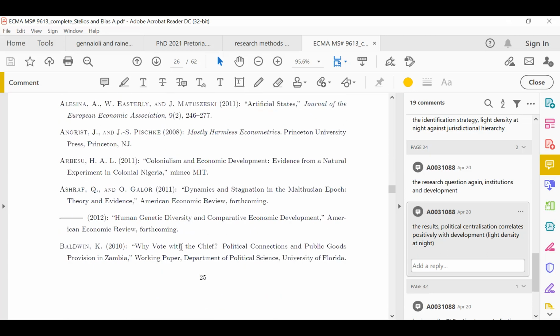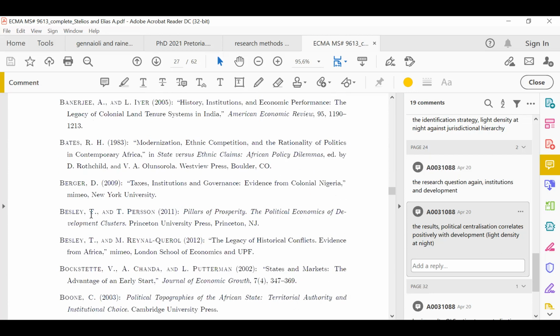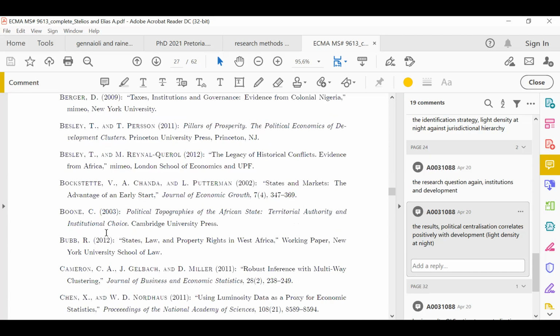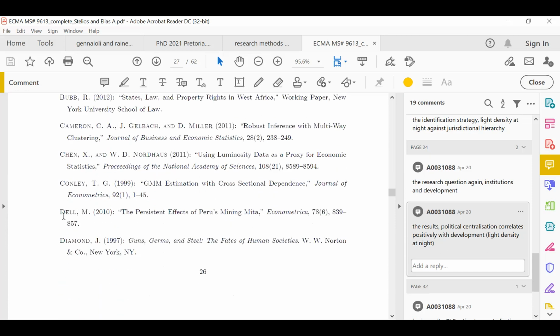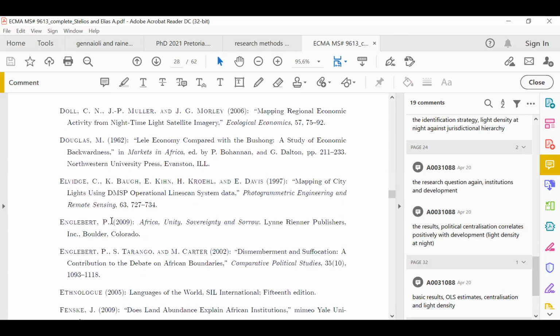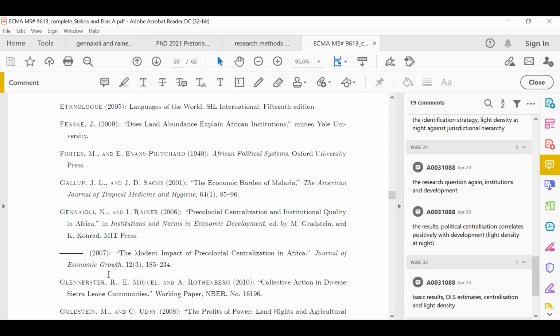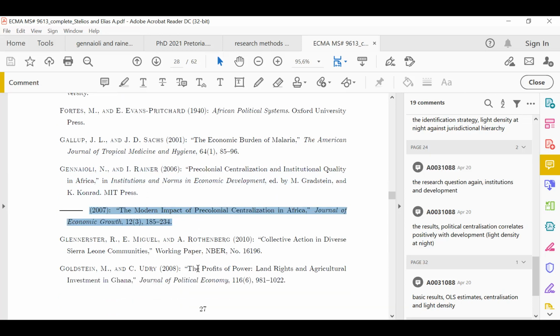Galor, Baldwin, Banerjee, Nobel laureate, Robert Bates, Tim Besley, Persson, usually the same people, Jared Diamond, James Fenske, Jean-Paul Azam, and the paper that we saw, by Gennaioli and Rainer in the Journal of Economic Growth.